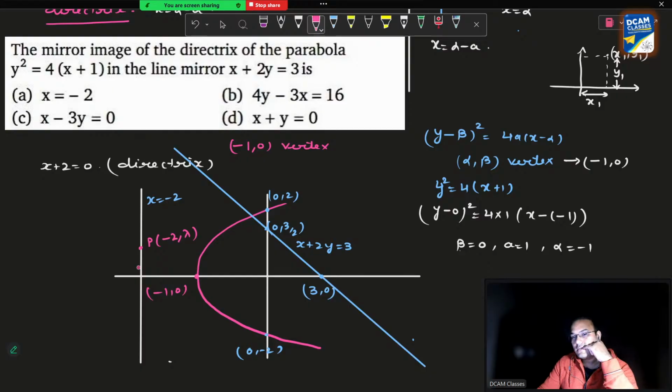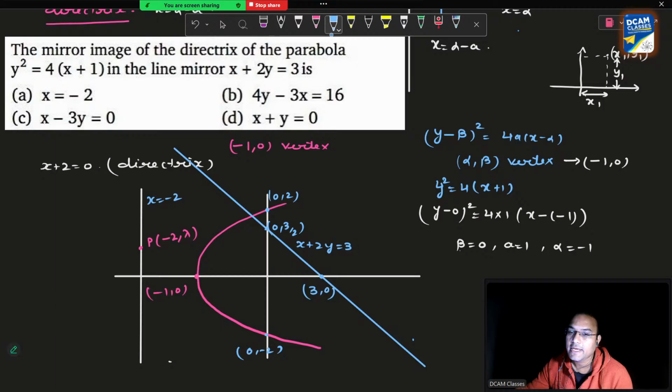I can take that now because x is equal to -2; y can be anything, any random point. So my idea is, I will find out the mirror image of this particular point P with respect to the line x plus 2y is equal to 3. This will be something Q. Then I will find out the locus of this point Q. That should be the mirror image.